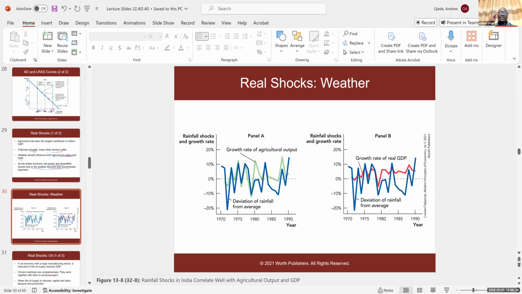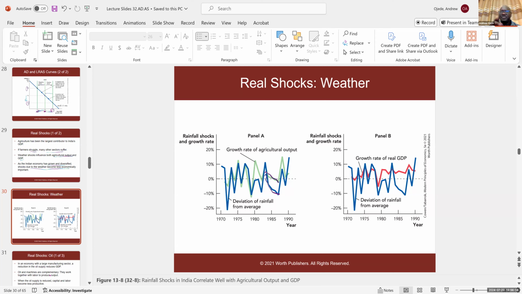Yeah, so this panel is exactly what I'm telling you would happen in the Indian economy. If you see the blue line there, that is the deviation of rainfall from average, because agricultural output relies so much on what? On rainfall. You can see that when rainfall falls, agricultural output falls as well.